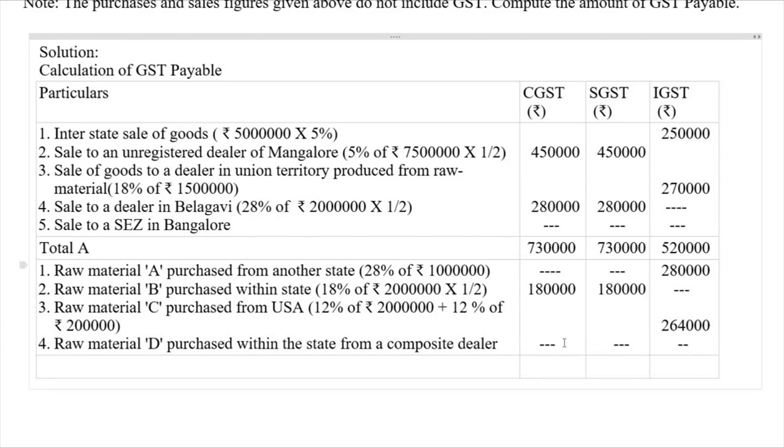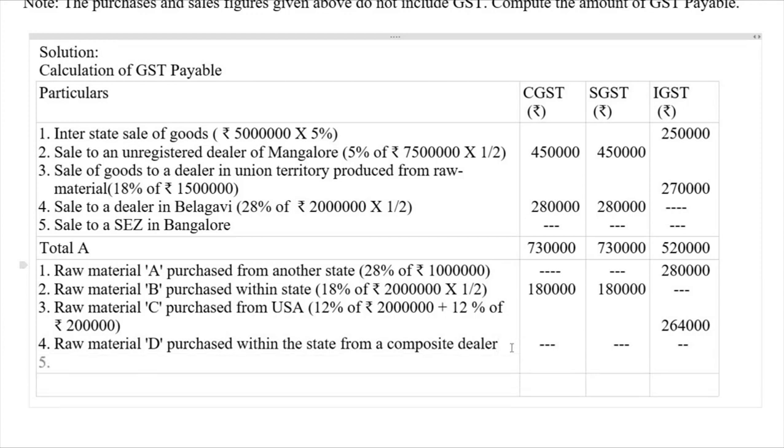Then the next one here, number 5, that is raw material E purchased from a SEZ in Bangalore. So even this is not eligible for any ITC here. So just let's put a dash here. Here also.